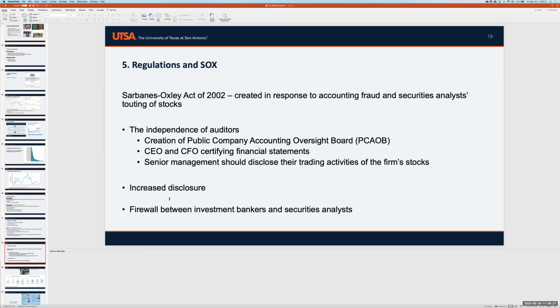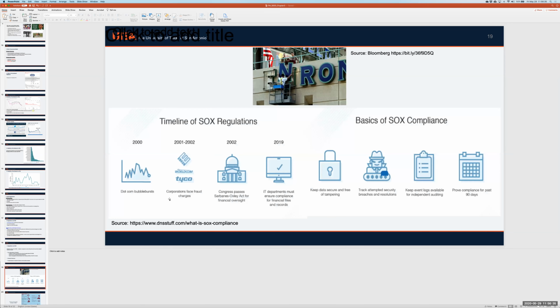It enforced increased disclosure by public companies and a firewall between investment bankers and security analysts. The basics of compliance: keep data secure and free of tampering, track attempted security breaches and resolutions, keep event logs available for independent auditing, and prove compliance for the past 90 days.